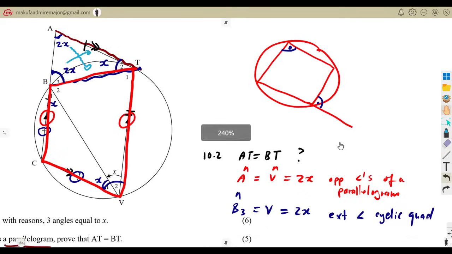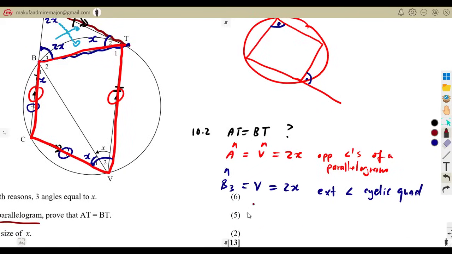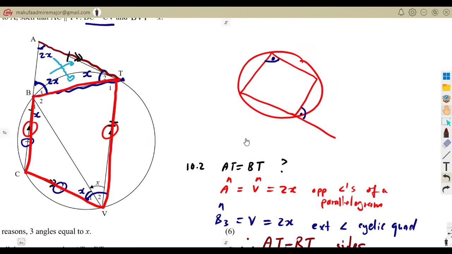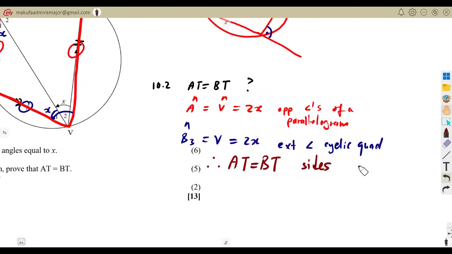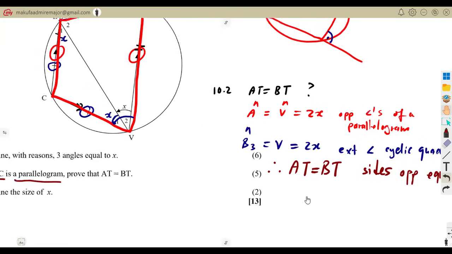So therefore, you can say these two are equal. AT is equal to BT. This time I talk of sides, not angles, but sides, opposite equal angles. Just like that. That's the reason now.